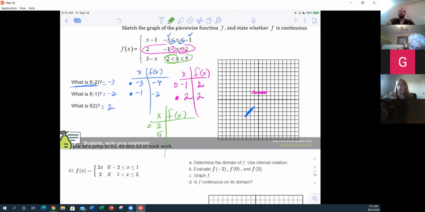And then what about the 5? That's a closed dot, right? So 3 minus 2 is 1, and 3 minus 5 is -2. So 2, 1, and then 5, -2.